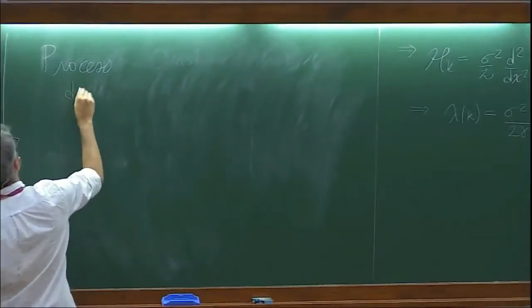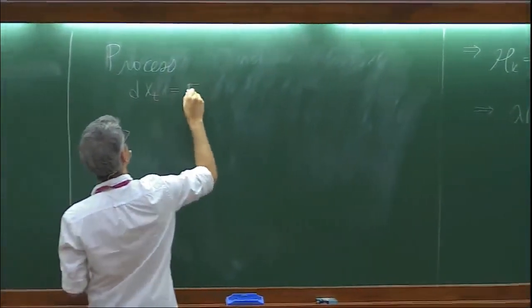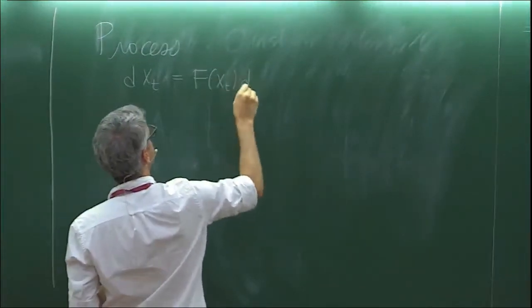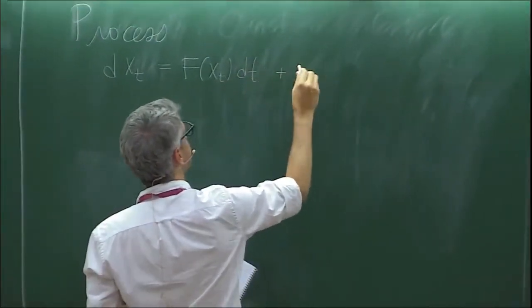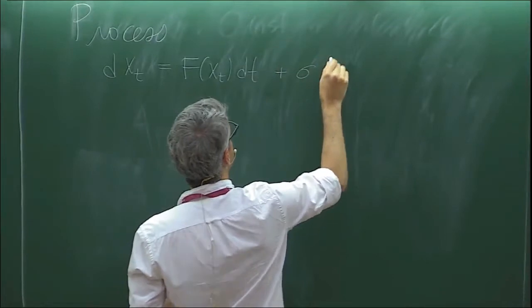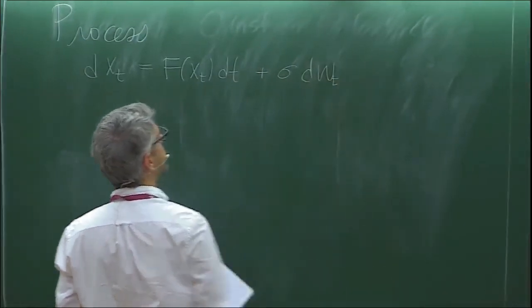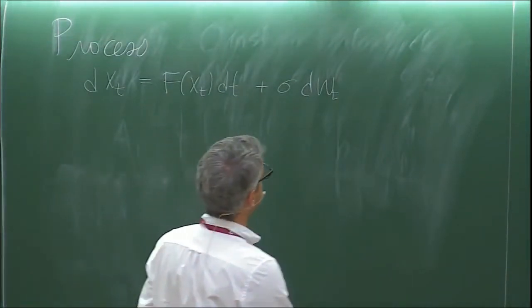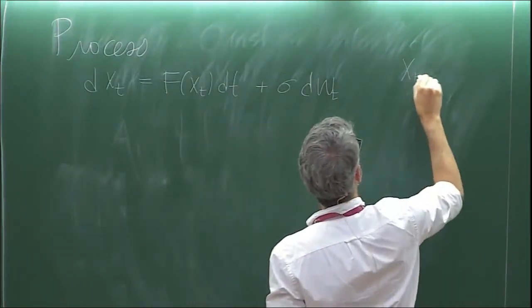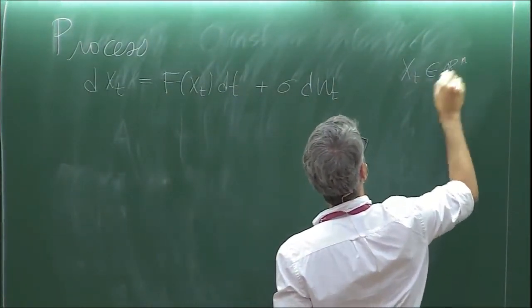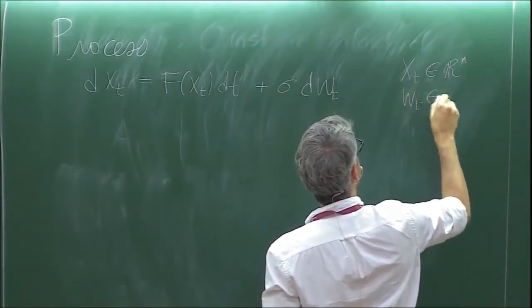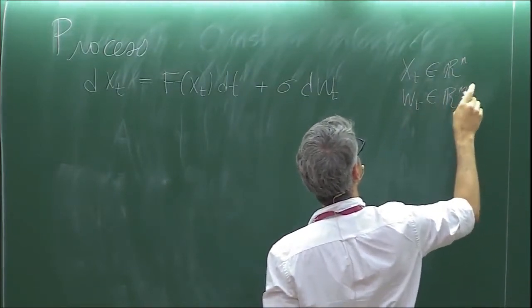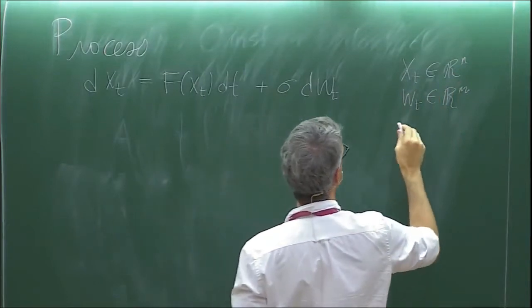So here I have dX_t equals f(X_t) dt plus sigma dW_t, I have a drift dt, and again the theory can be done for a space-dependent noise, but just for the simplicity of the lecture, I'll take the sigma matrix to be constant. Okay, so I have X_t, it's a vector in R^n. You could have m components of noise. m can be the same as n, but it can be different.